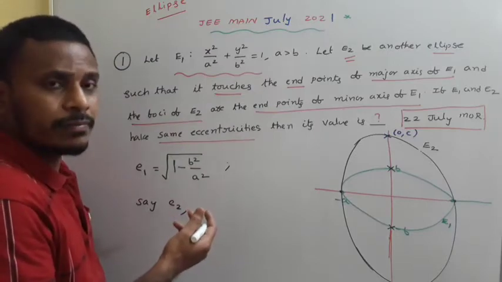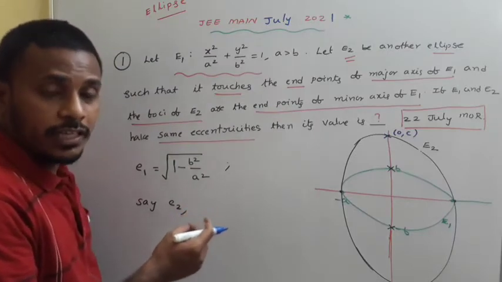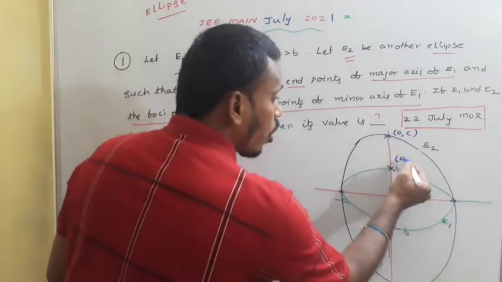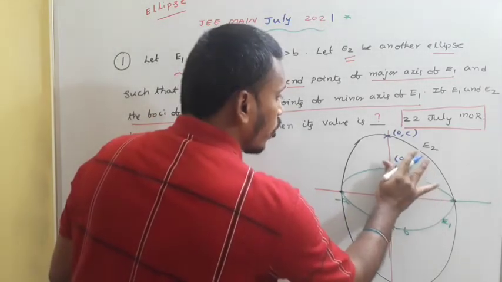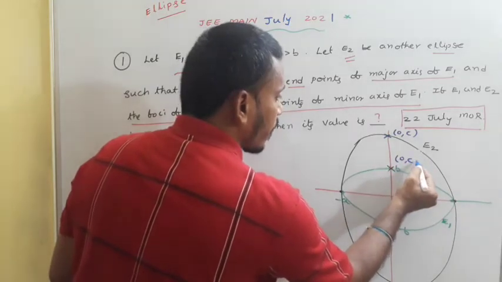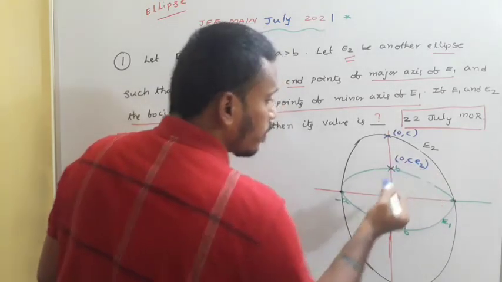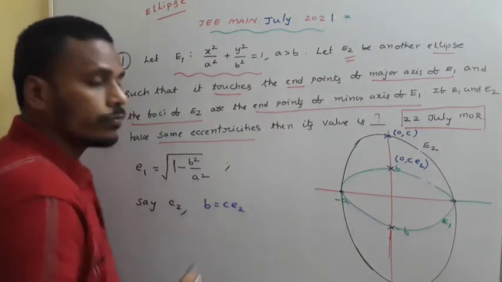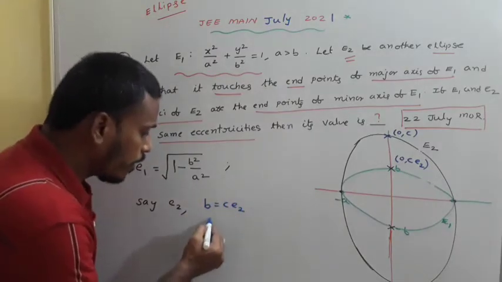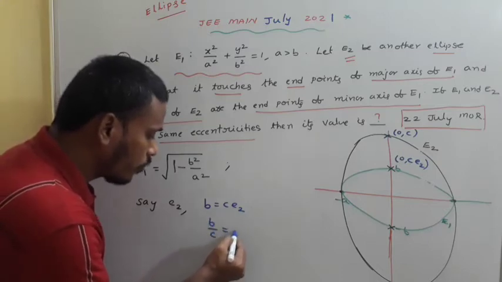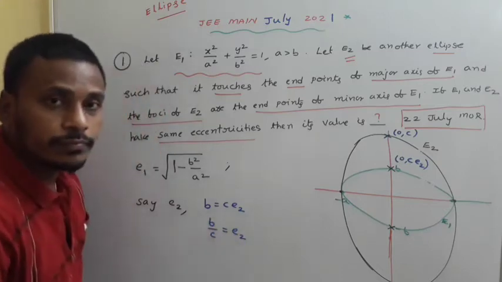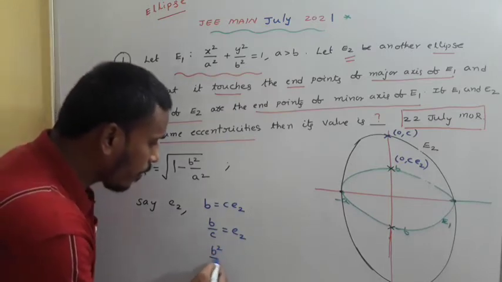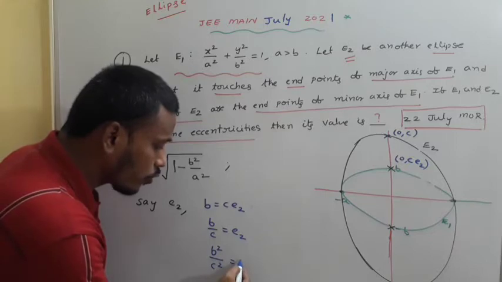Usually foci of the points are AE comma 0 for the standard ellipse. For this type of ellipse, its foci is 0 comma CE2 because C is the length of major axis. CE2. But here it is B, and so we have that B is equal to CE2. So that means B by C is equal to E2. OK. And the next thing, B square by C square is equal to E2 square.